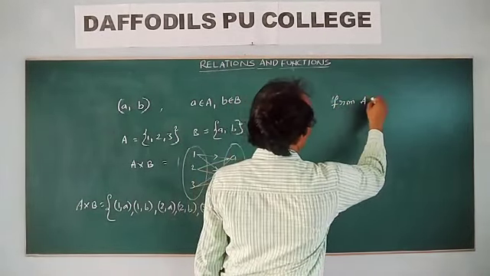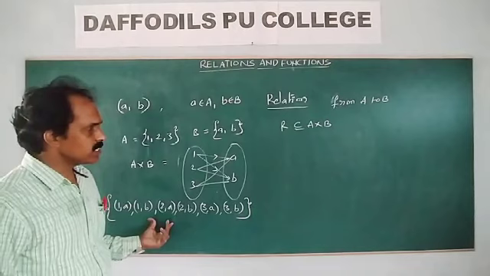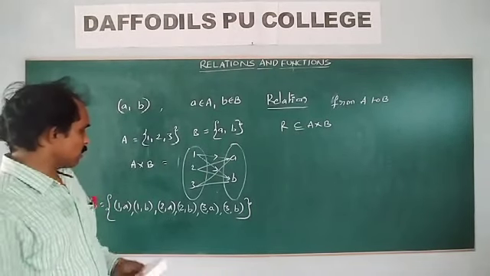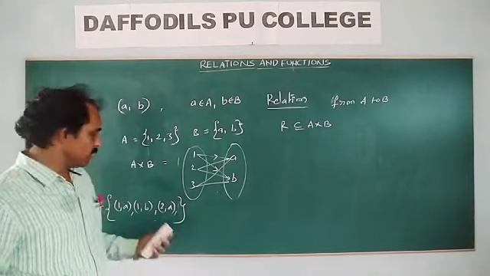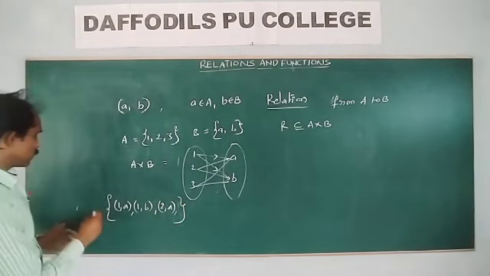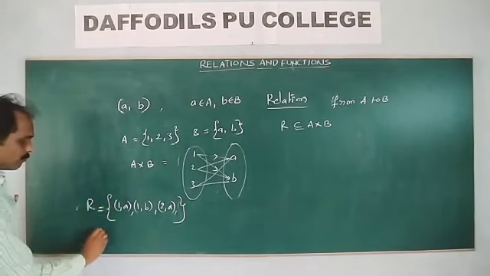R is a subset of A Cartesian B, it is nothing but a relation. This is one relation. Any subset of A Cartesian B is some relation.